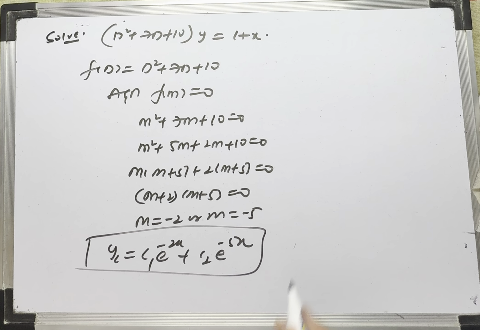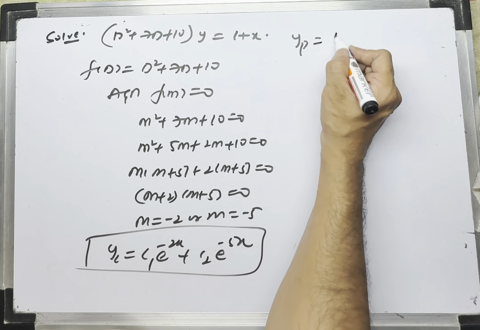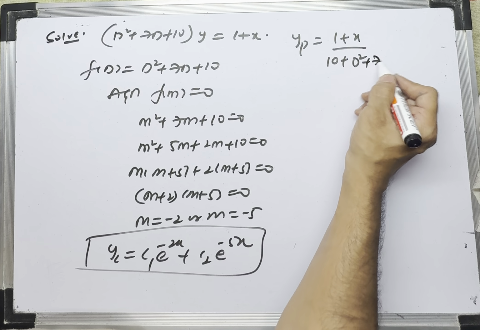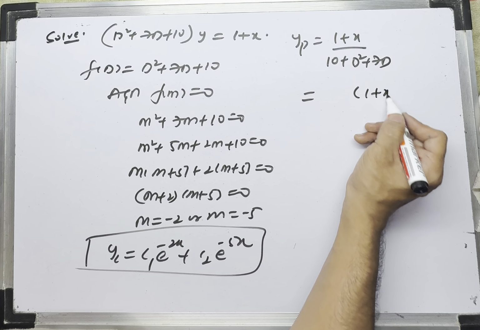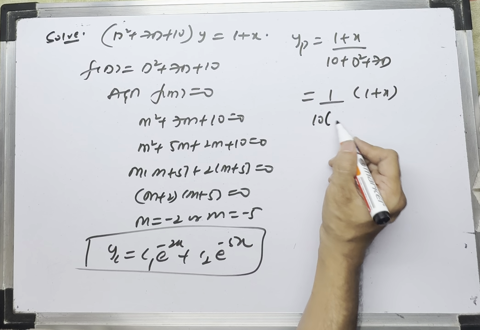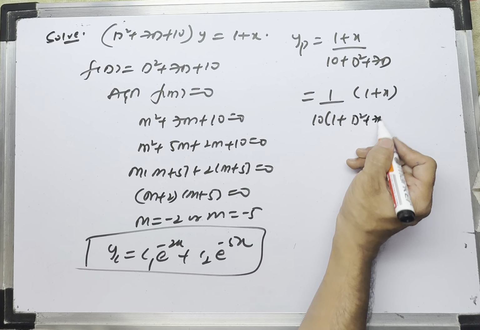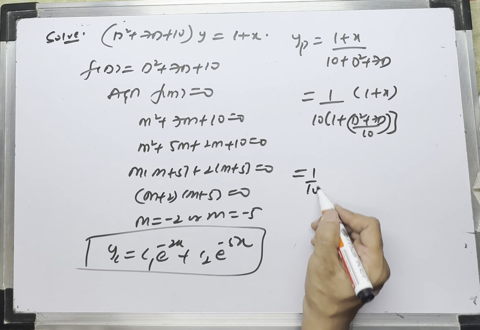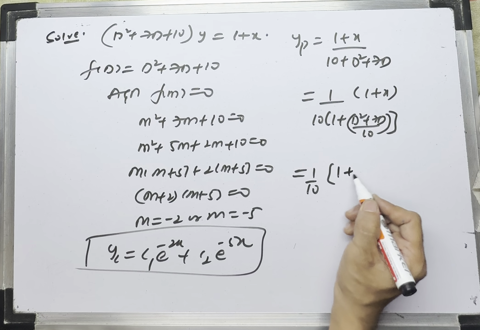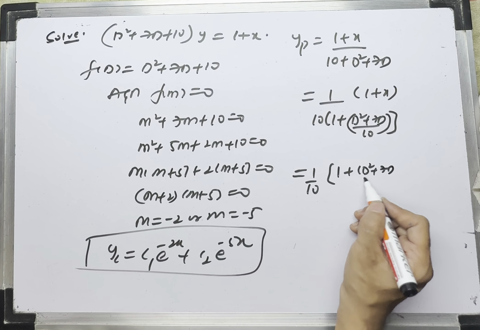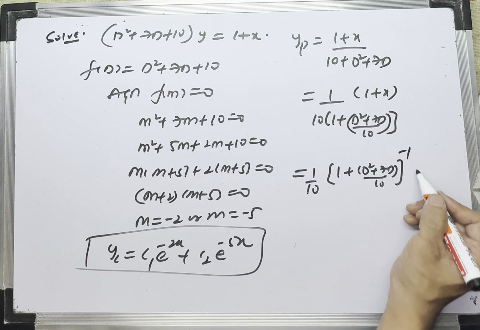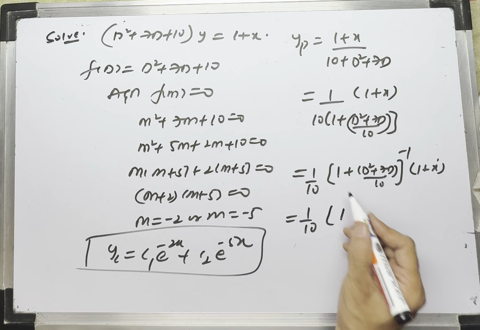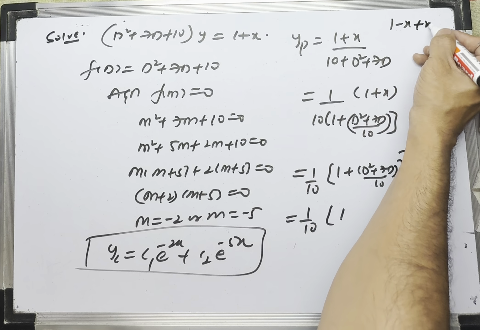This is yc. For yp, what we will do? We will take this 1 plus x divided by, and write this term by taking the constant as the first value. You can take 1 plus x also directly. 10 common: 1 plus (D square plus 7D) divided by 10. So this is 1 by 10, this value 1 plus (D square plus 7D) divided by 10, inverse, into 1 plus x. We have only one term here, so we can expand till one term. (1 plus x) inverse is 1 minus x plus x square, and so on.